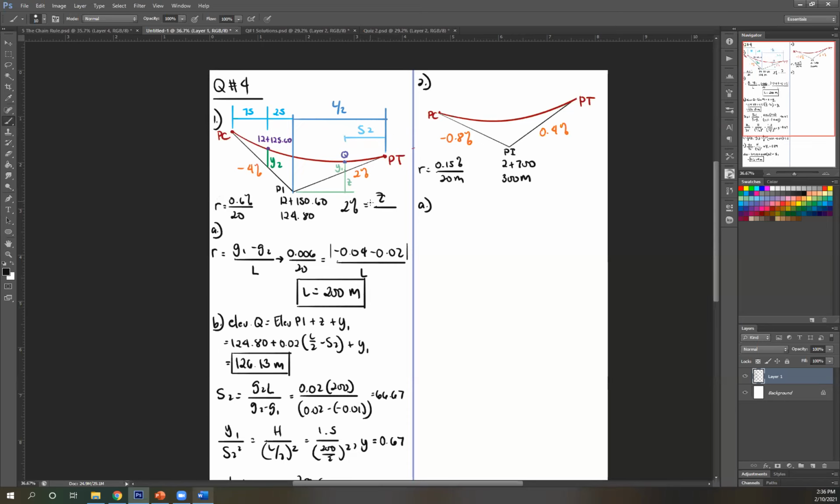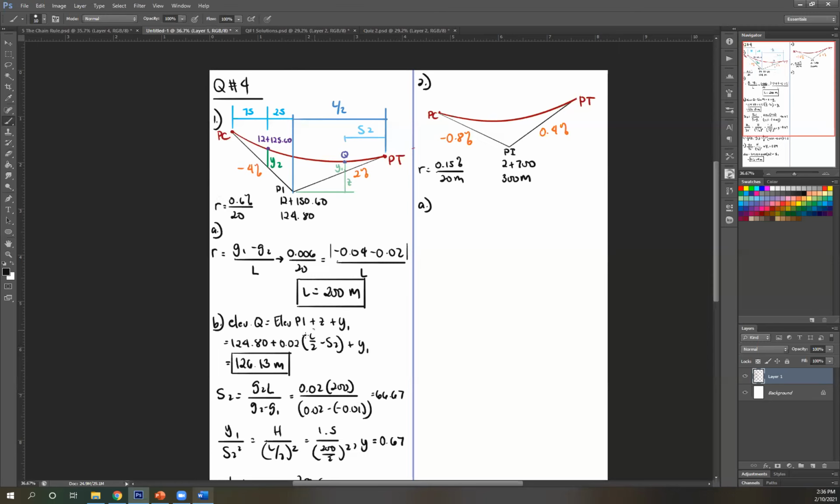So to get this length, it's L over 2 minus S2. Therefore Z is 0.02 multiplied by L over 2 minus S2, and then plus Y1. Y1 we solve using the offset equation.